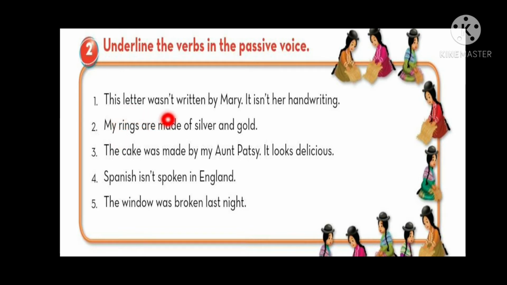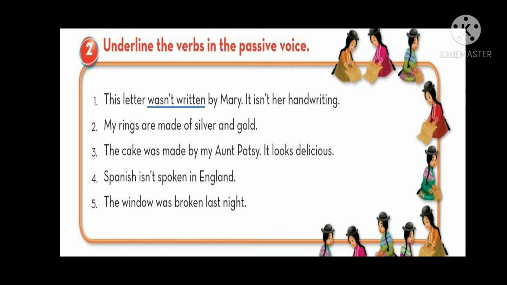This letter wasn't written by Mary. It isn't her handwriting. So wasn't written, was verb to be plus written verb 3. So this is the passive form, wasn't written. Underline wasn't written. Number 2. My rings are made of silver and gold.